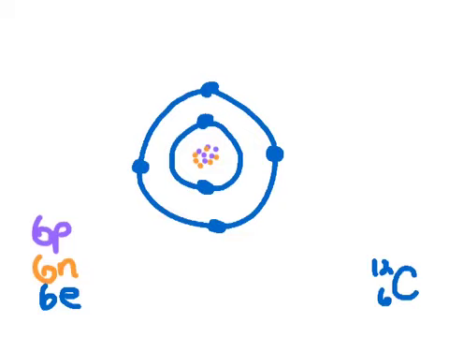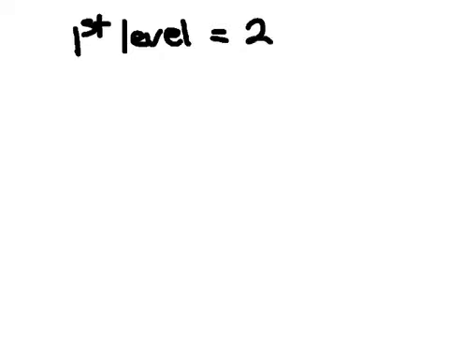Okay. Now, this also applies to the third energy level. All right. So the difference between the energy levels is, in this case, the first level can hold 2 max.